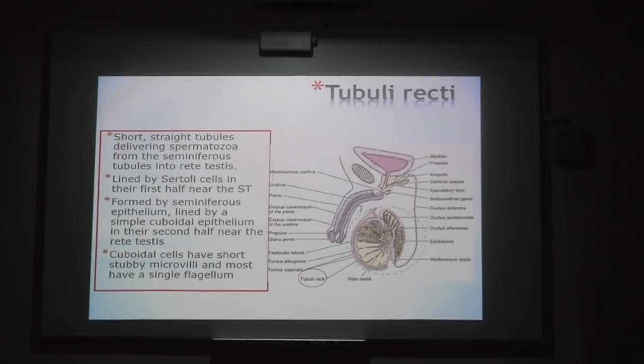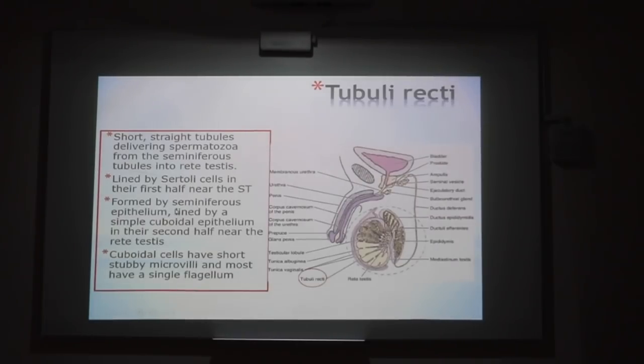The straight tubules, in the initial part, include the Sertoli cells, and in the later part, they include simple cuboidal cells which have short, sturdy microvilli, and most of them have a single flagellum.